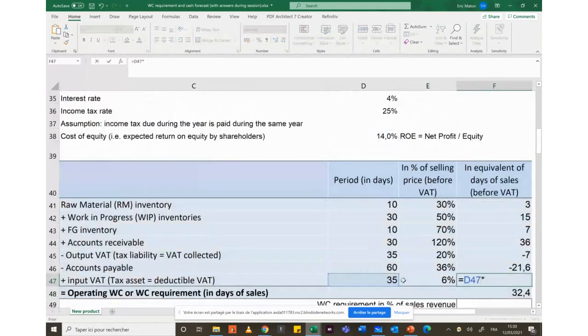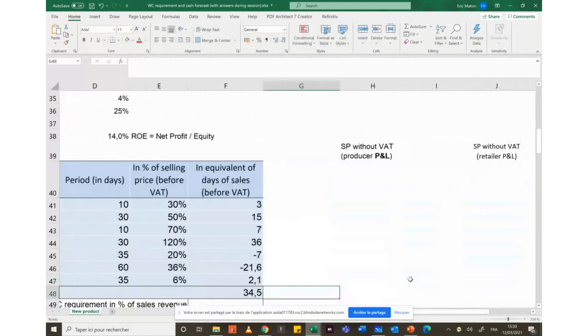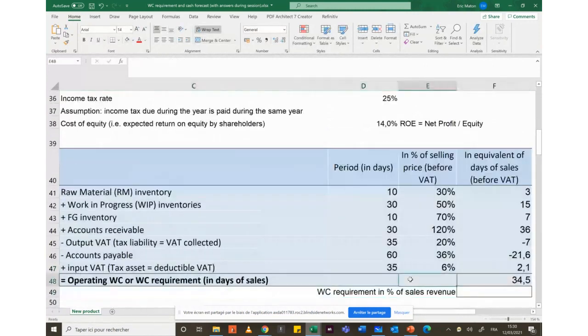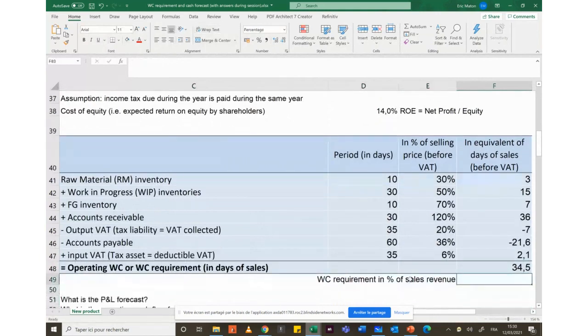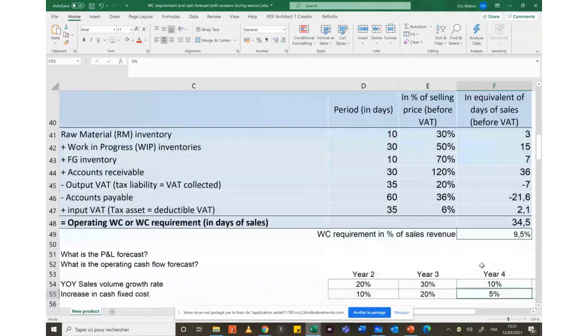And now I have the operating working capital in number of days. If I want it in percentage of the sales revenue, I just need to divide by the number of days during the year. So the working capital requirement represents here 9.5% of the sales revenue.